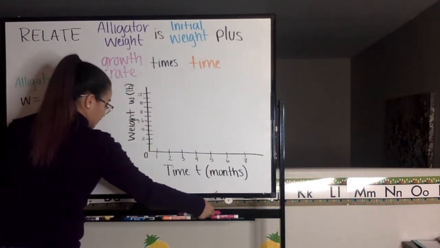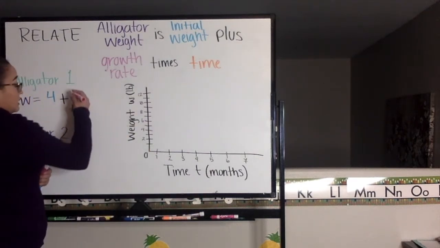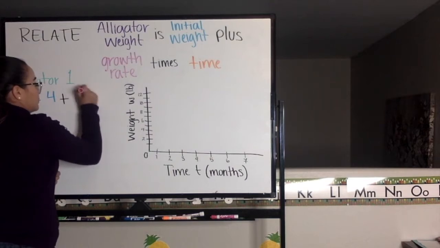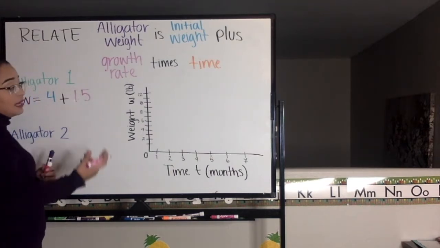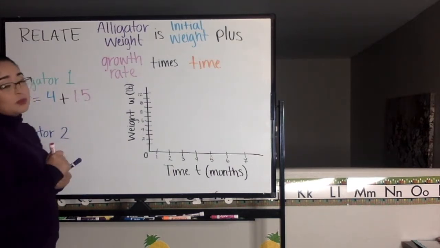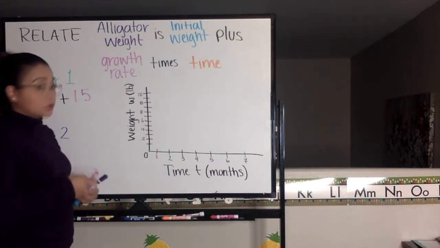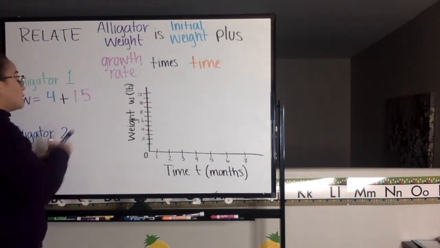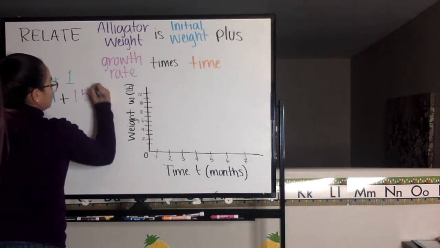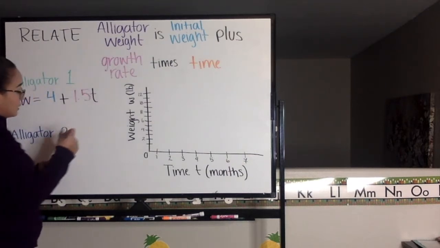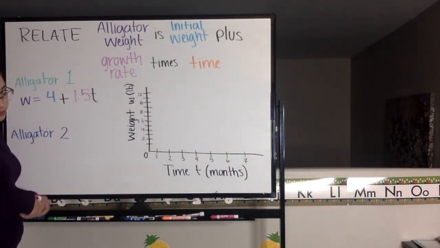Now the growth rate for our first alligator was 1.5, and we're multiplying by time. We weren't asked for a specific time, so we're just going to leave it as a variable. We're going to put time t. Okay? Now this might look a little off, but somewhat familiar at the same time.